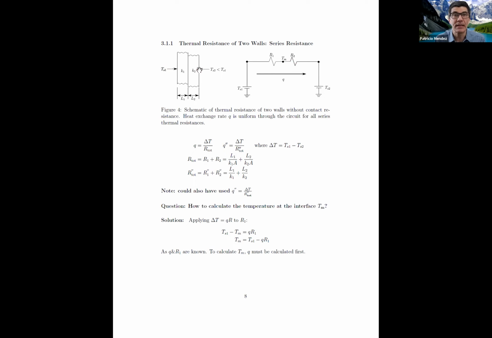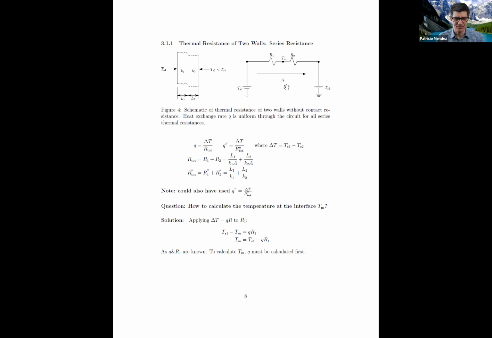This is a series circuit, and we're going to represent it this way. For parallel, of course, the flow of heat goes simultaneously through two different paths. We will see that soon. But for now, let's look at this one that is resistors in series.